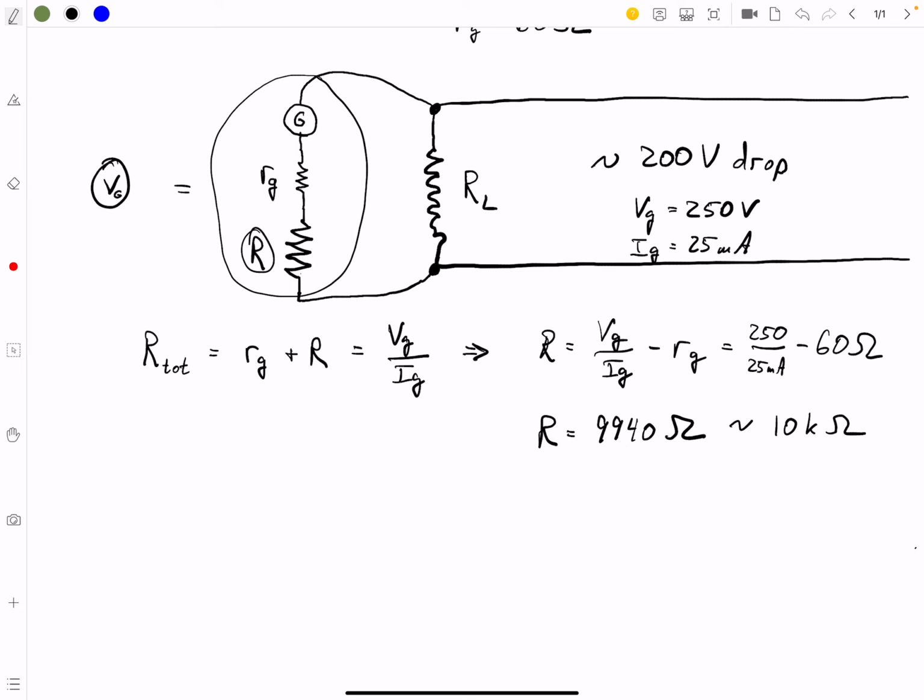It's so big that RG is nothing compared to it. So RG really doesn't factor in most of the time, okay? Sometimes it does in very sensitive situations.